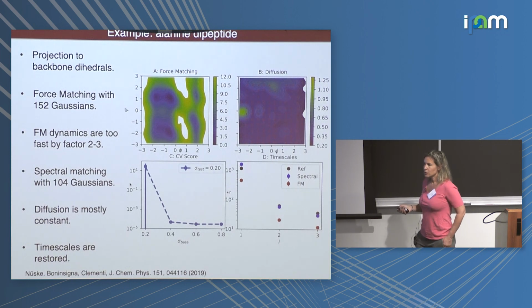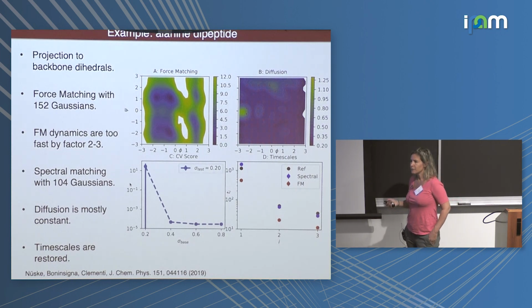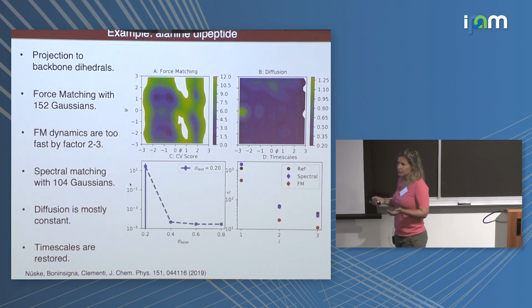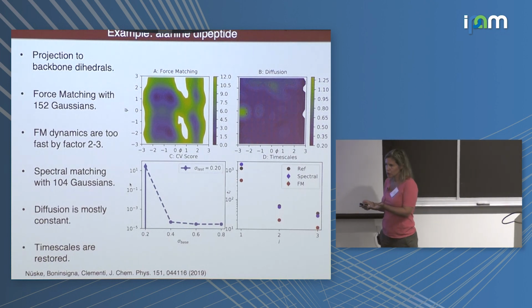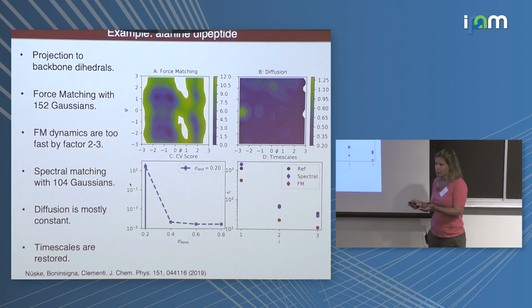No, force matching gives you the minima, but doesn't tell you anything about how you go from one minimum to the next. Yeah, if you do spectral matching only with the first eigenfunction, you don't know anything about the dynamics inside that minimum, so you can find the same results, I guess, as force matching.